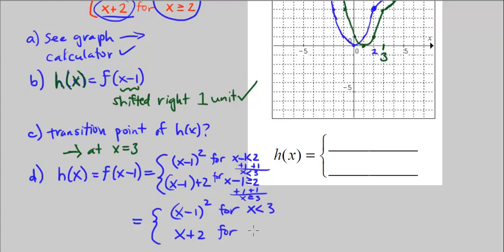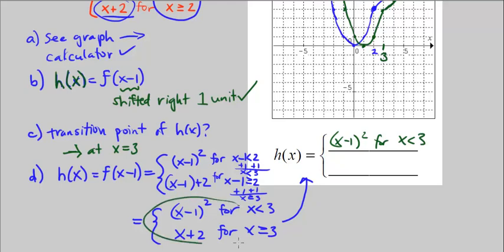So for here, I'm going to say for x is greater than or equal to 3. So now I'm going to plug this in here, and I'm going to say h of x is equal to x minus 1 squared for x is less than 3. I'm copying it just as is right here, and x plus 2 for x is greater than or equal to 3.